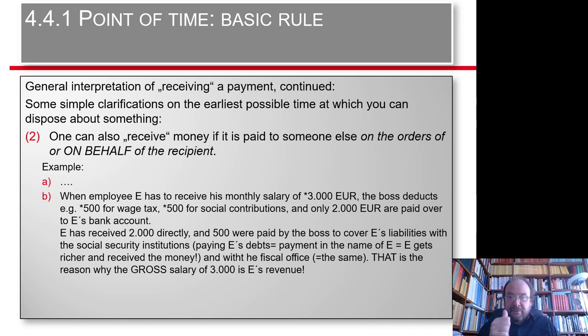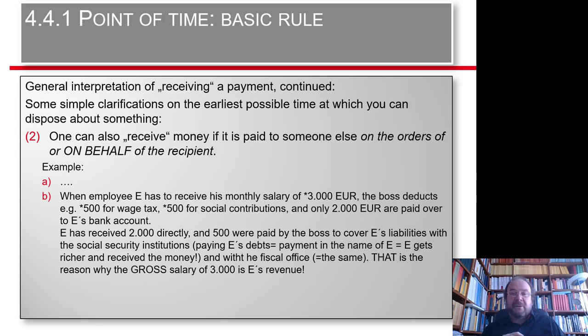Now you receive 2,000 in your bank account, but 500 were paid in your name to the fiscal office. So they paid your tax debts and that made you richer, and you received this money at the moment when it was credited to the fiscal office, because it reduced your debts there, and so you received it.